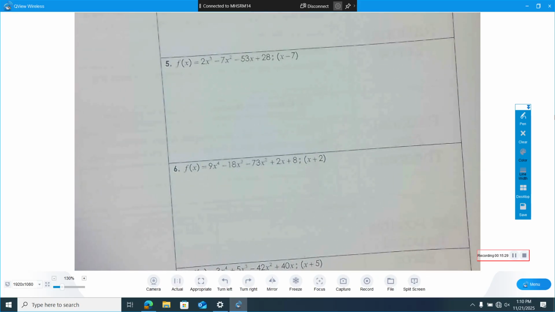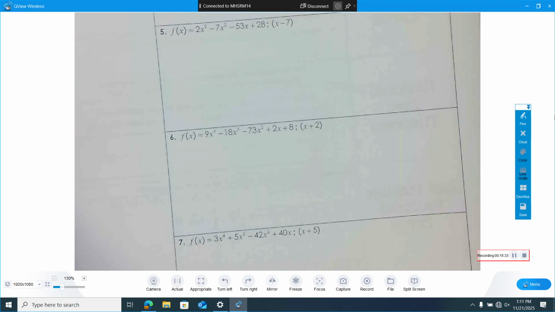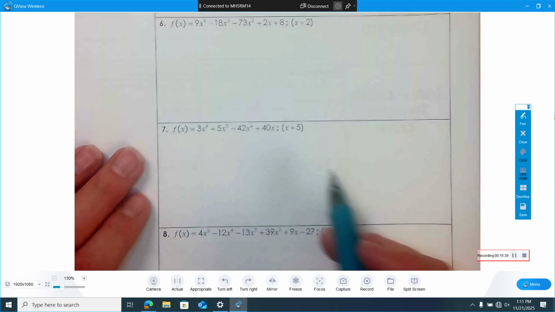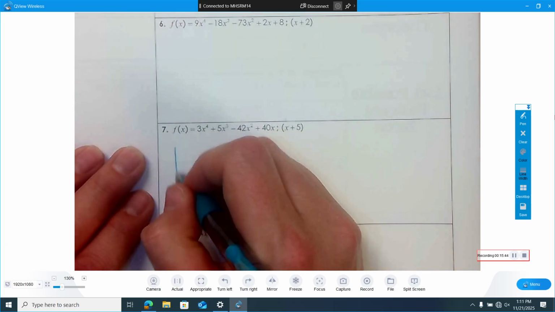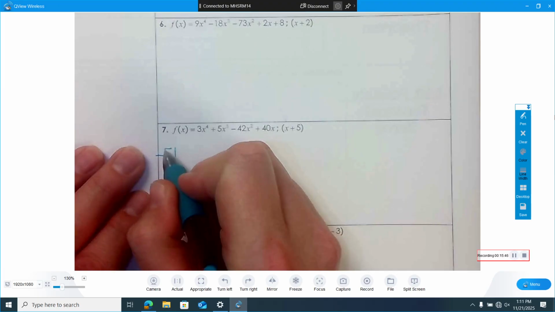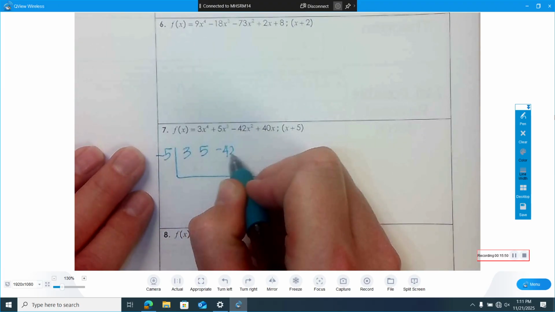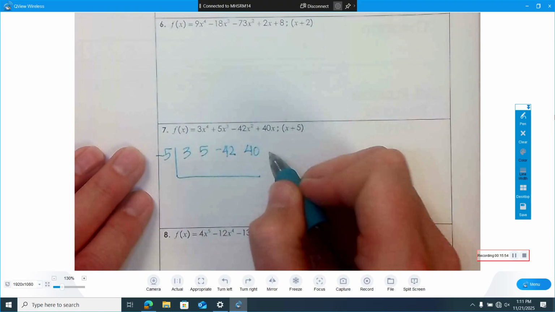Let's go down and look at number 7. They give us a factor of x plus 5, which means in synthetic I can use minus 5. Good. So we have a 3, a 5, a negative 42, a 40, and a 0.